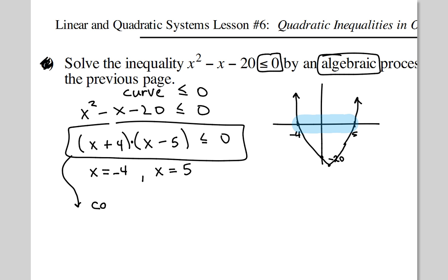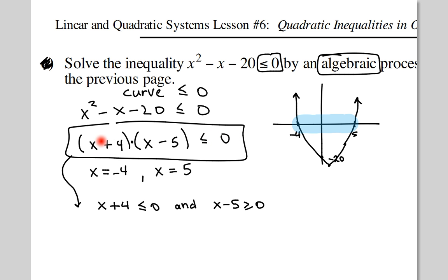So let's go x plus 4 less or equals 0. And if that's the case, if x plus 4 is less than 0, then what must you say about x minus 5? Does that make sense? When you multiply two things, this is a product. This times this, how do you become negative?